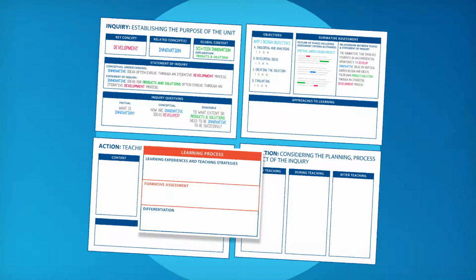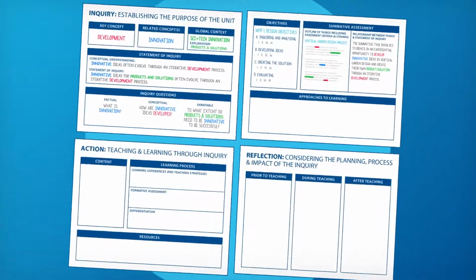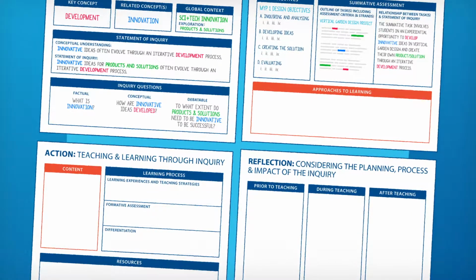What formative assessment tasks can be used to provide students with feedback on their progress as they prepare for the summative task? How will the content, learning process, and task be differentiated to allow for a range of entry points into the summative task? In the next video in this series, we will consider the approaches to learning and content sections of the unit plan.